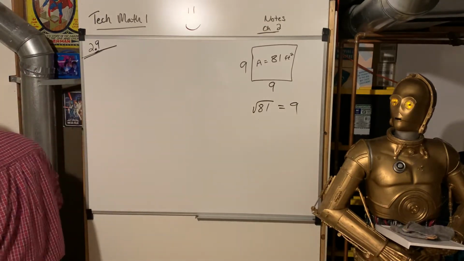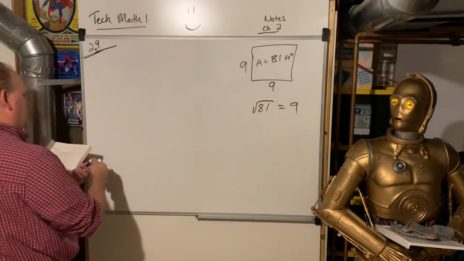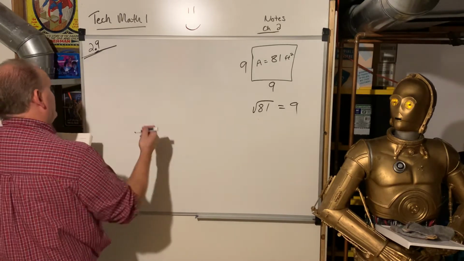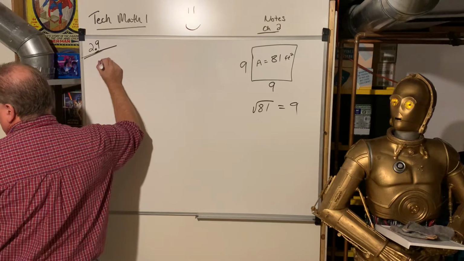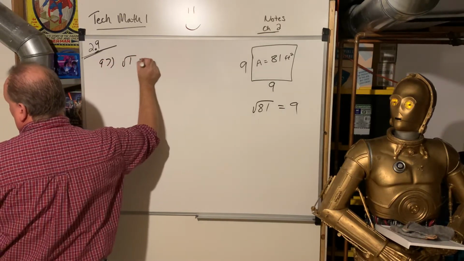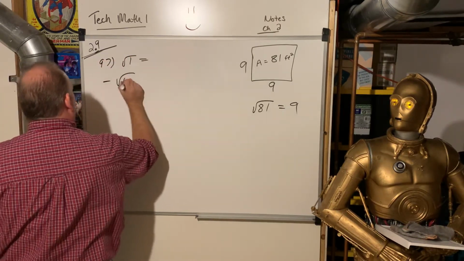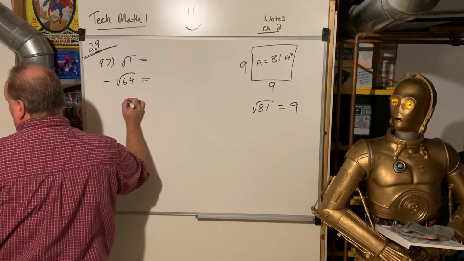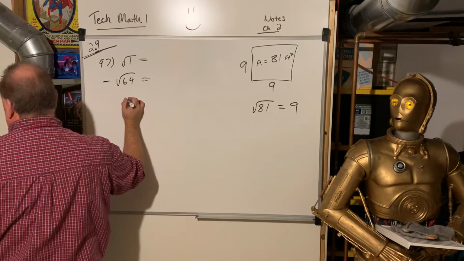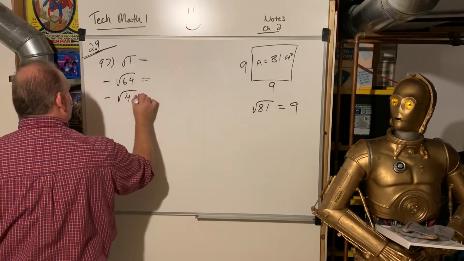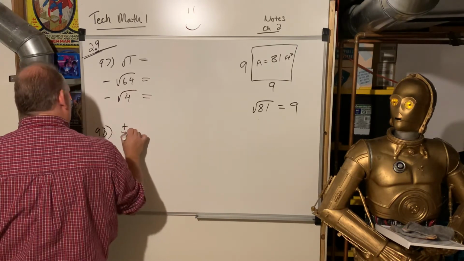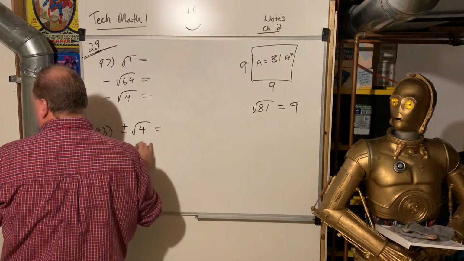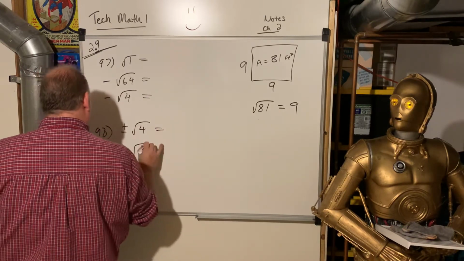That's where it came from. So let's take a look at page 85 in the blue book, 2.9, number 97. They got the square root of 1, the opposite of the square root of 64. The opposite of the square root of 4. Let's look at 98. They got plus or minus the square root of 4. They got plus or minus the square root of 1.